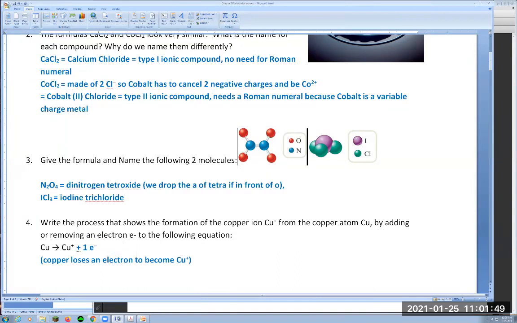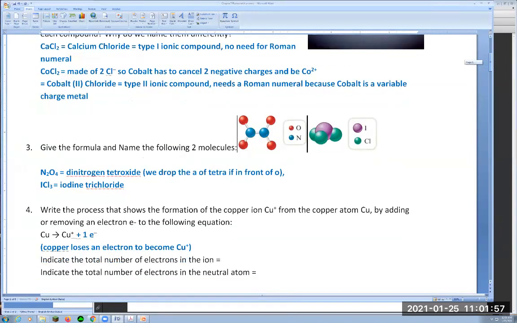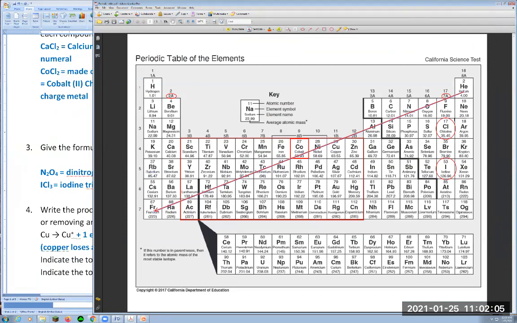Okay, so now we have questions after that asking what is the number of electrons in the ion and what is the number of electrons in the neutral atom. Let's answer that one first. Let's look at the periodic table for that. So copper is atomic number 29.